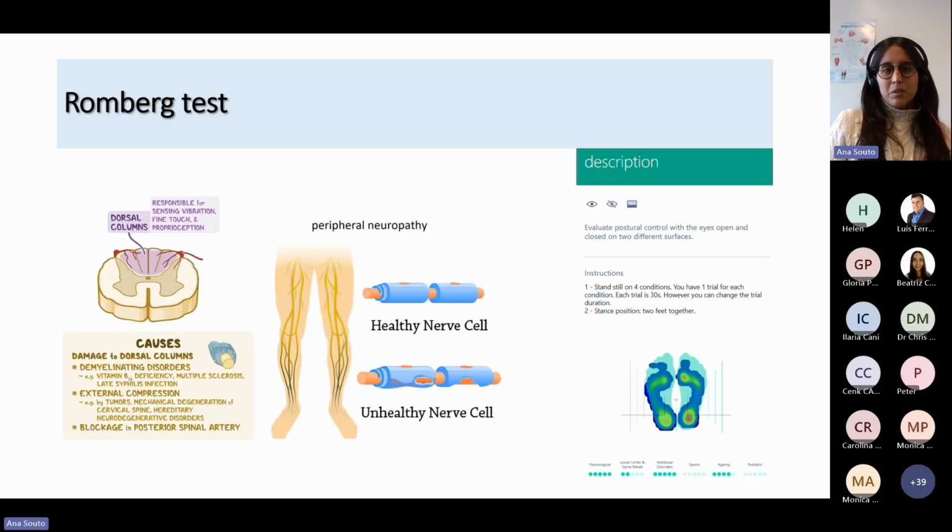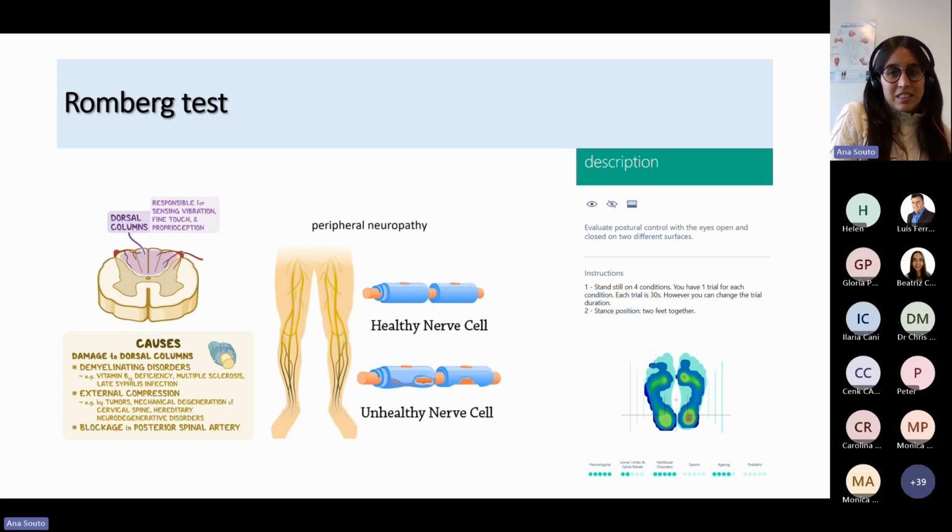Okay, so the Romberg test. We are going to assess this patient with the limits of stability, the Romberg test, and the sit to stand protocol. And today I'm just going to explain a little bit of the goal associated with each protocol, but the results of the assessment will be discussed in the next webinar. Okay, so the Romberg test is a very famous test.